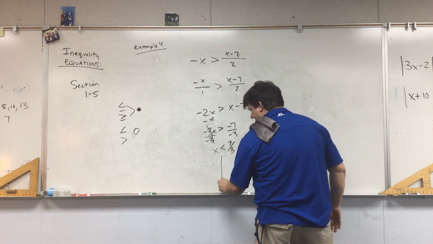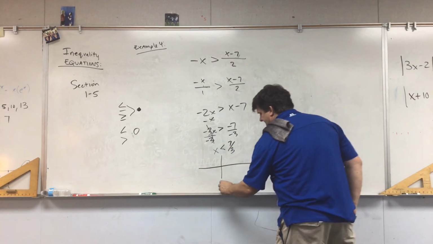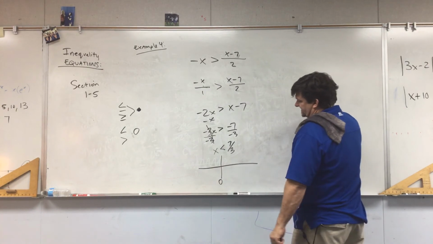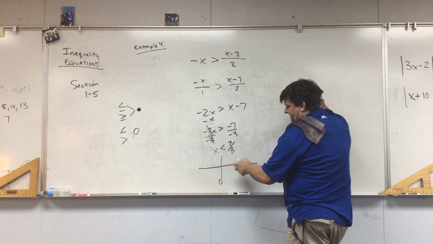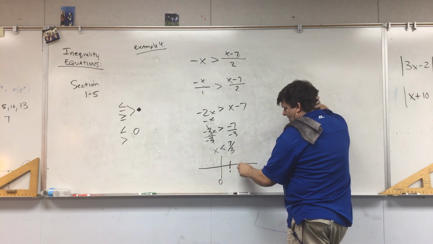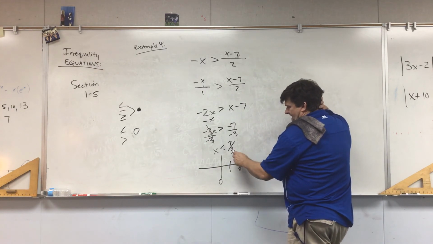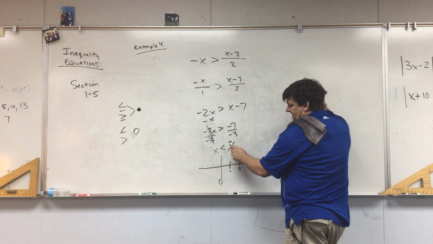So, here's my 0. Got to figure out where 7/3 goes. So 3 goes into 7 2 times. So there's my 1, there's my 2. But it's going to go 2 and just a little bit left over.